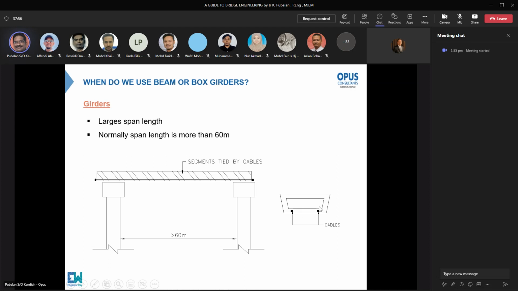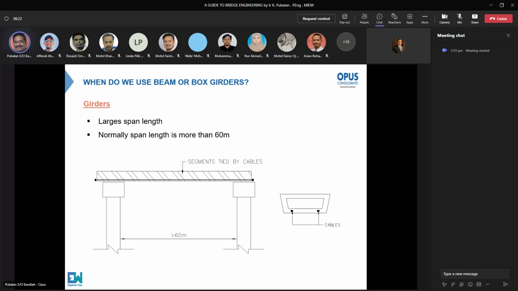When you design for pre-stress, you need to use a method called the load balancing method. So when you tension these cables, the box girder will have a tendency to lift up, that means to hog. We call it hogging. We have hogging moment and we have sagging moment.